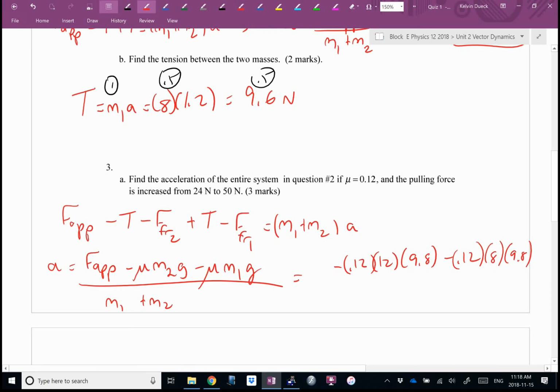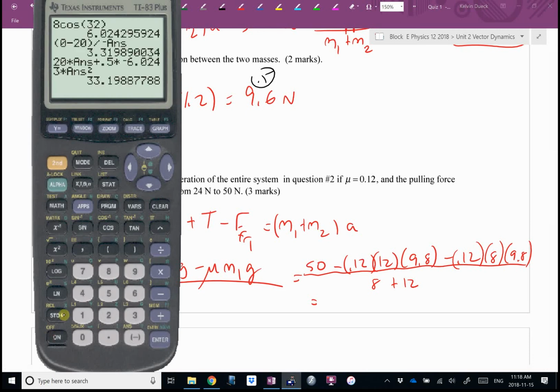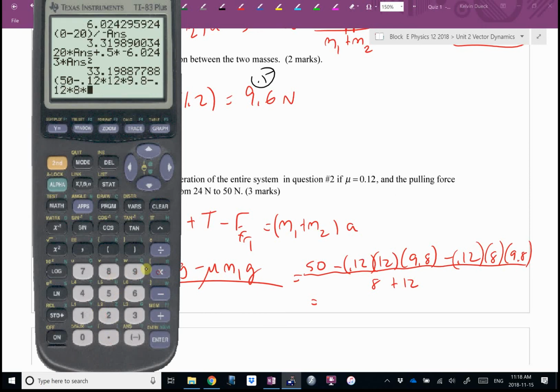And I was too lazy to retype the whole exam, so I just changed that. All over 8 plus 12. 50 minus 0.12 times 12 times 9.8 minus 0.12 times 8 times 9.8, close bracket, divided by bracket 8 plus 12, Mr. Dueck.